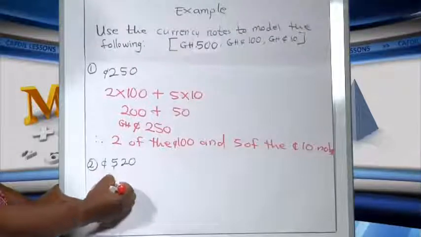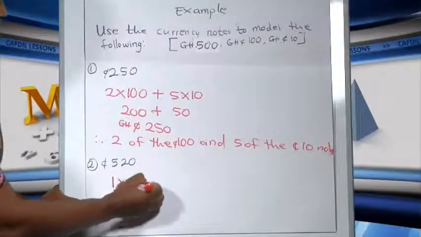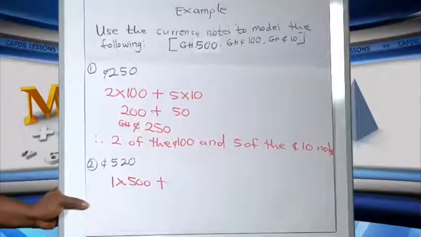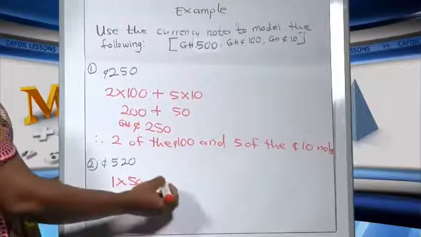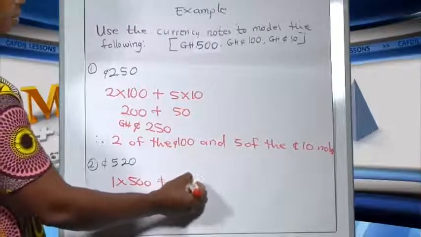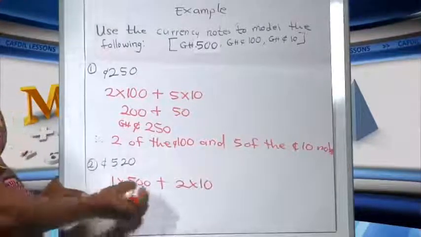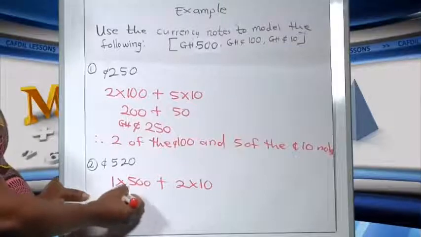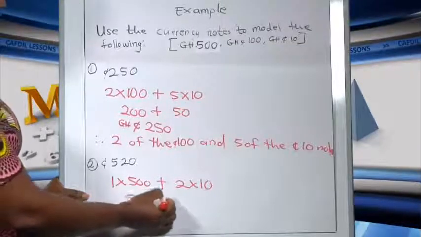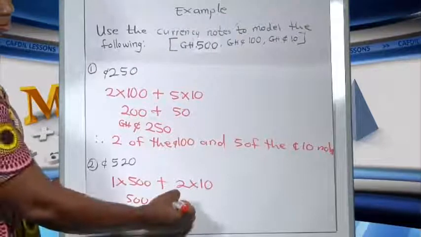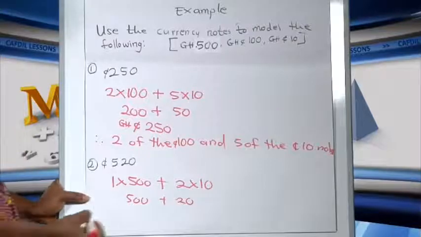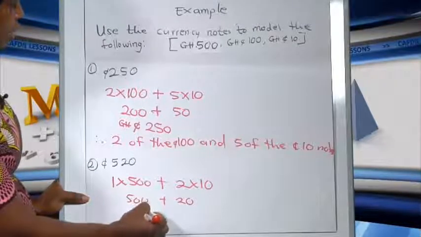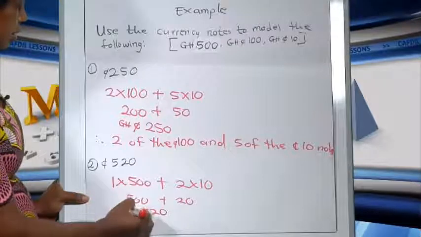So we have 1 times 500 plus 2 of the 10 cedis notes. So let's put it together. 1 times 500 will give us 500 plus 2 times 10 will give us 20. When we add the 2, we're going to have 520 cedis.